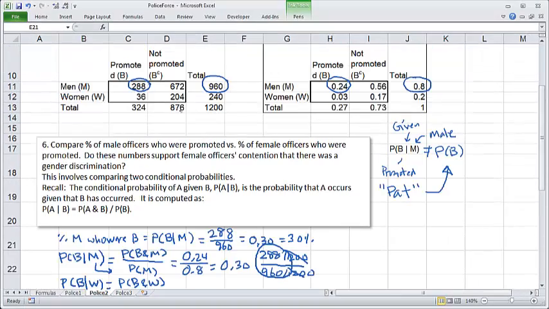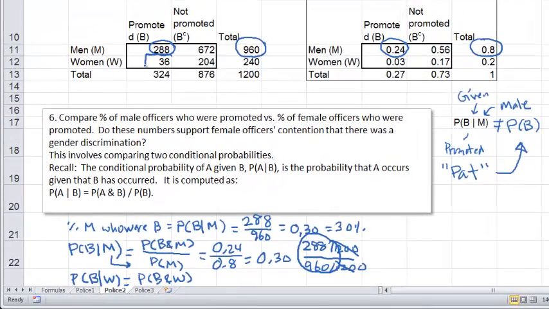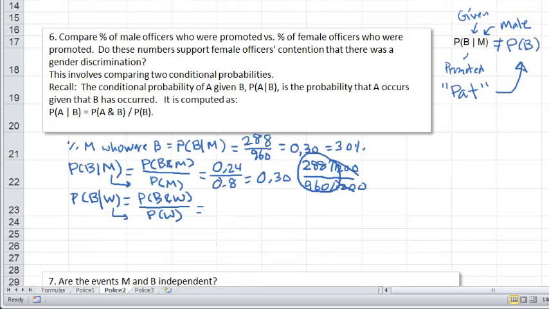It would be women promoted, that's 36, and then in the bottom we're going to have the count of women, as 240. So we divide 36 by 240, and that gives us 0.15.